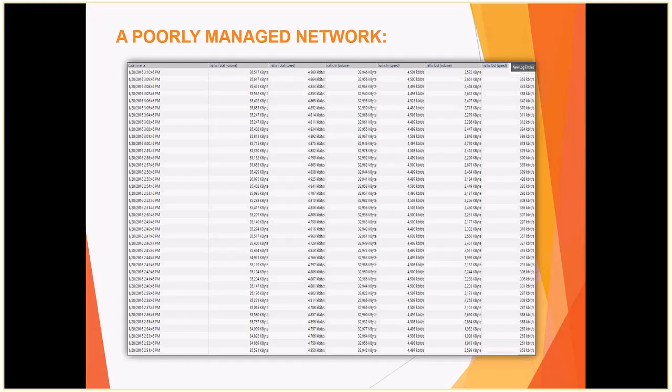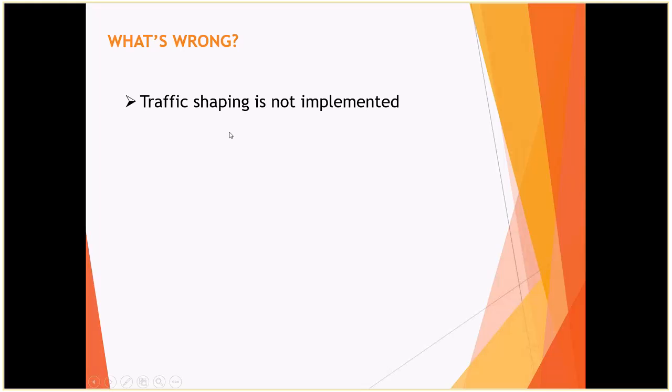So we really see that it's overutilizing the network. It's really poorly managed. So what's wrong? Why is that the case? First of all, traffic shaping is not implemented. That's for sure, because it's overutilized.